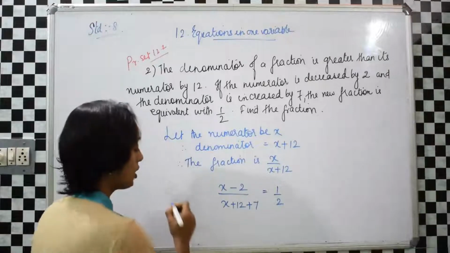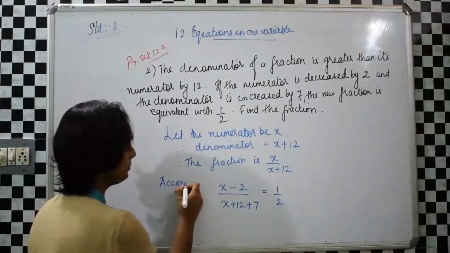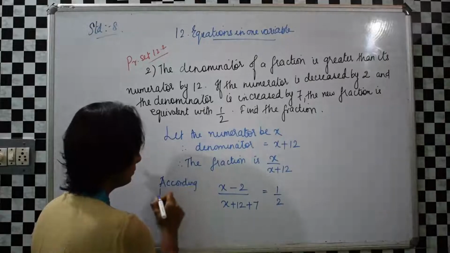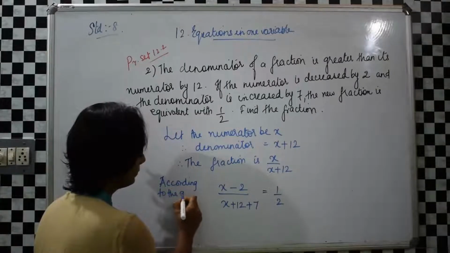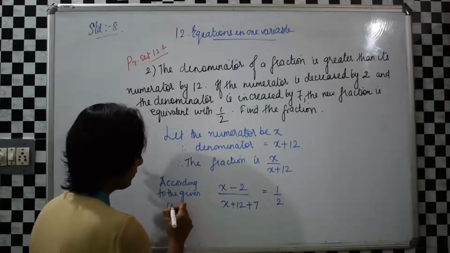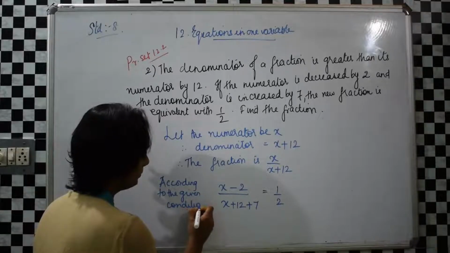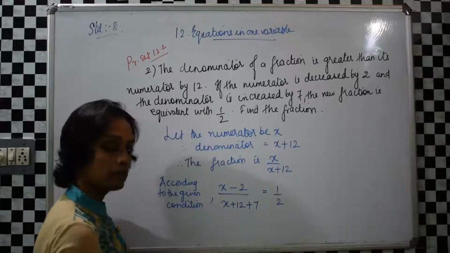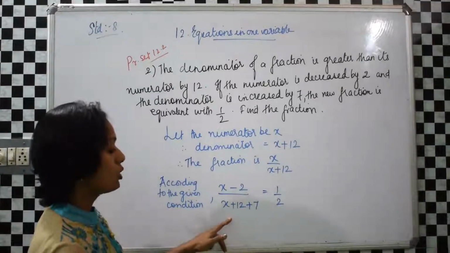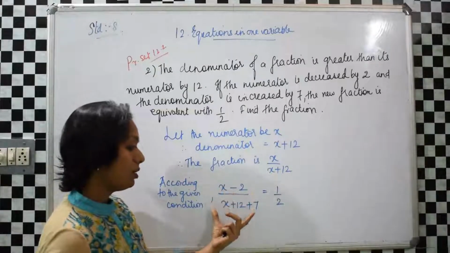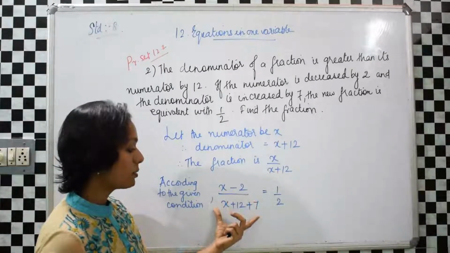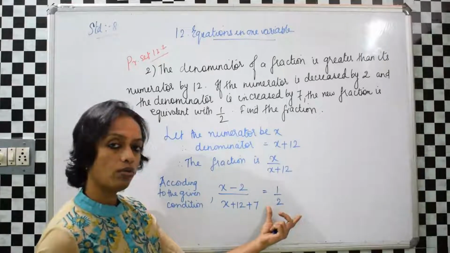So I will write here, according to the given condition, x minus 2 upon x plus 12 plus 7 is equal to 1 upon 2.